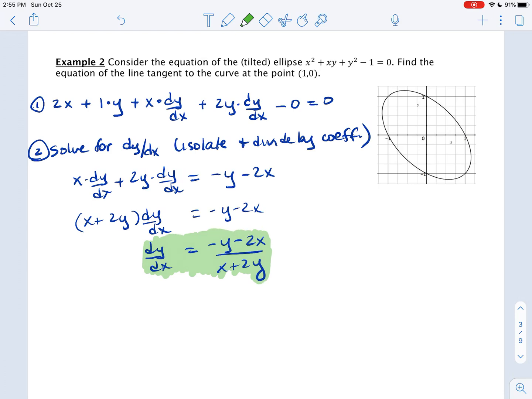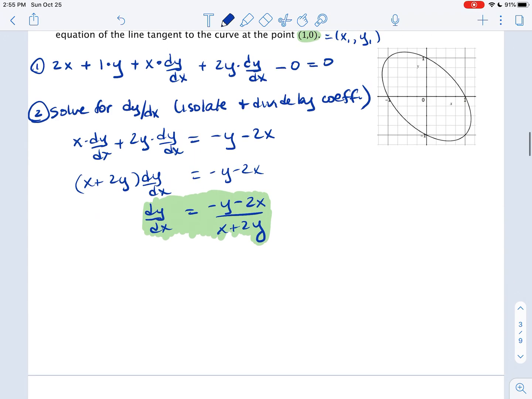And notice that it is in terms of x and y, but I can still find the slope of the tangent line. I'm just going to need both the values of x and y. And we have the value of x and y here, and for foreshadowing, that's going to be our x1, y1.